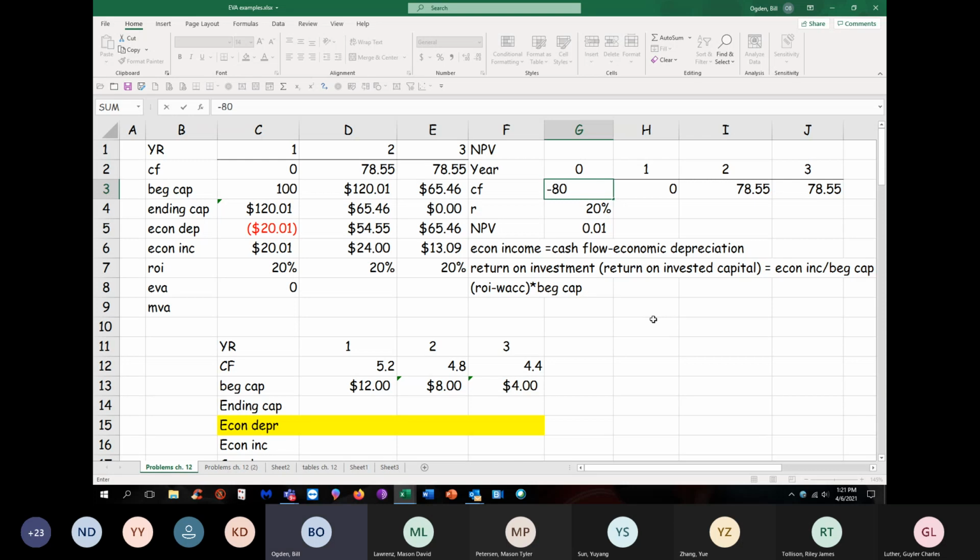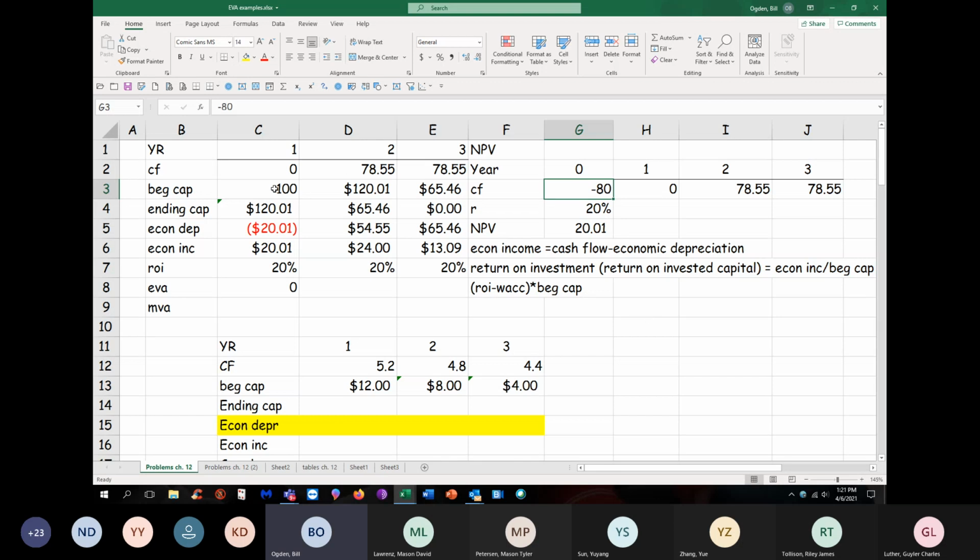Okay, just watch what happens. Obviously I'm going to get a positive 20, aren't I? Because if I bought in at 100, it was 0. So if I buy in at $20 less, I should be able to realize a positive NPV of $20.